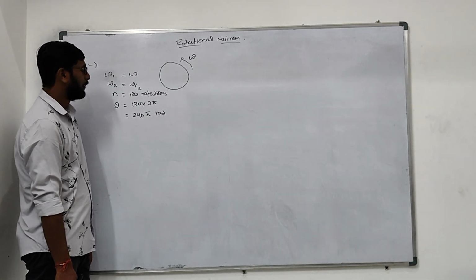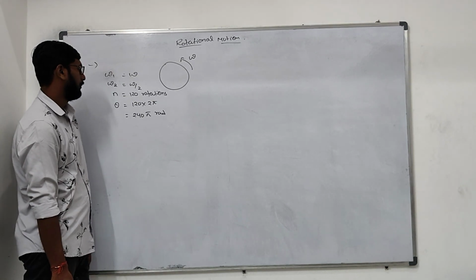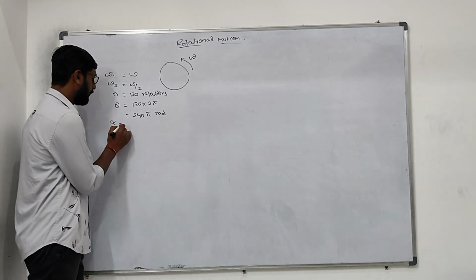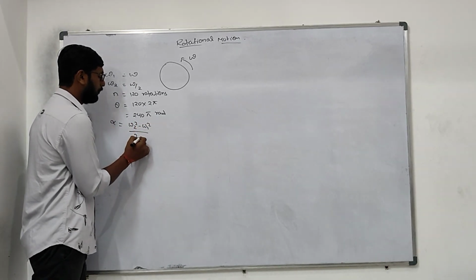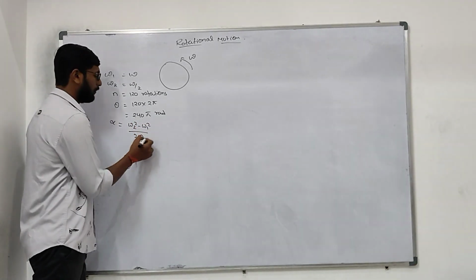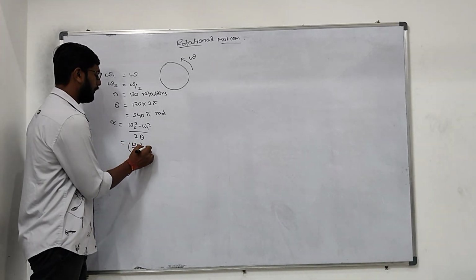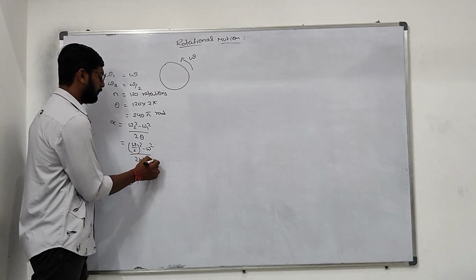Now, is there any other shortcut to find? First we'll find alpha, then we'll substitute. So alpha will be what? Omega 2 square minus omega 1 square by 2 theta. Omega 2 square is what? Omega by 2 whole square minus omega square by 2 into 240.